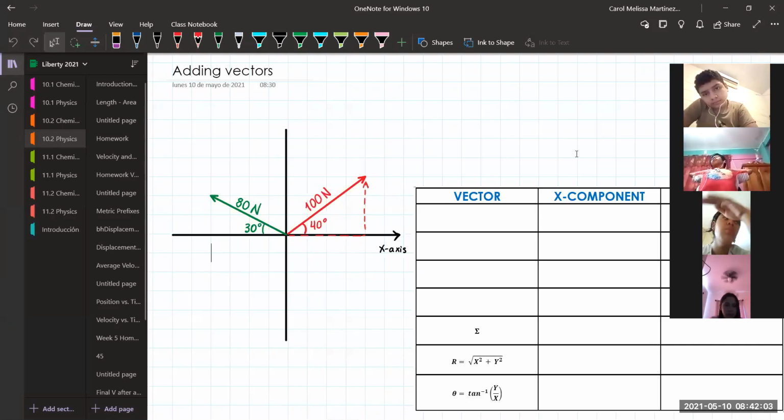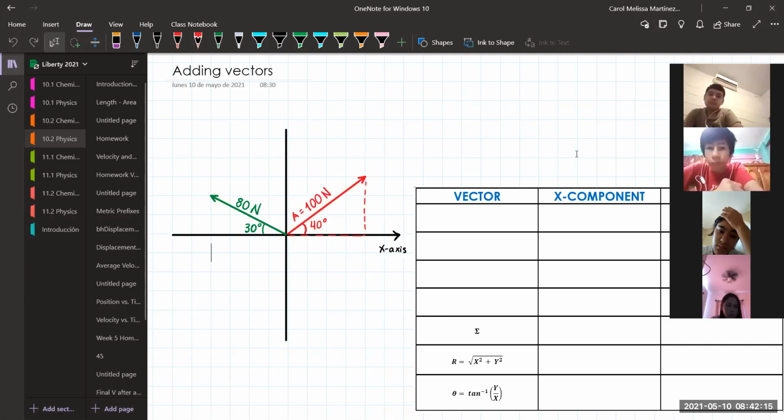Okay? So, we can say that every vector is going to have two components or two parts. I'm going to call this vector A. So this component here, I'm going to call it Ax, the component x for the vector A. And this is going to be my component y for my vector A. Now take a look.